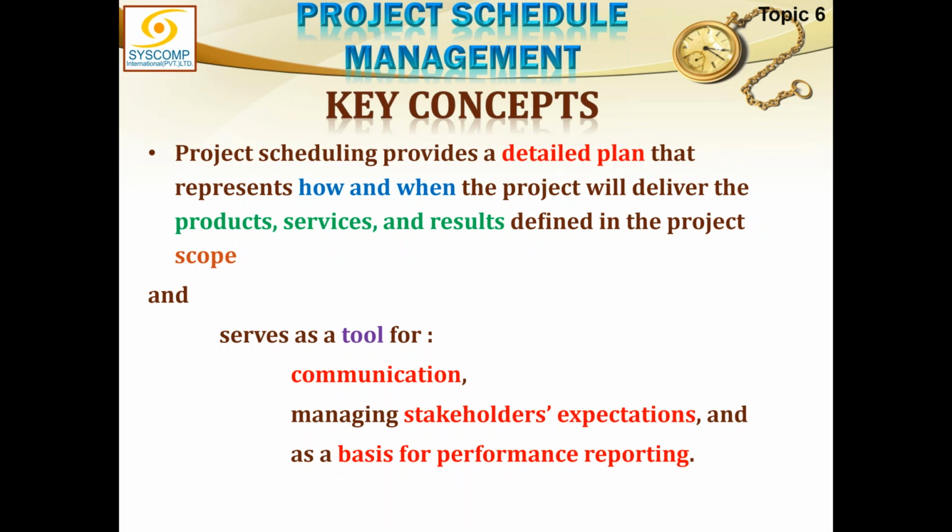So the needs and expectations must be recorded beforehand, as the schedule depicts the needs and expectations. This also forms a basis for further performance reporting, measurement, and analysis of how much has been done as compared to how much was to be done.